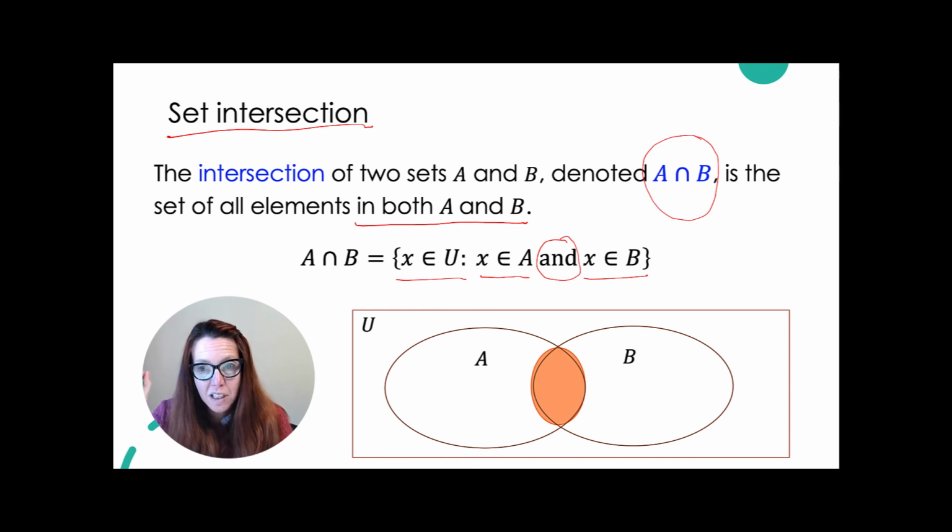Where when we used the cup notation, the union of A and B, it was x in A or x in B. But this time we're saying x is in A and x is in B. And so that takes place in this disk in the middle. So it's those elements that are in that overlap between A and B.